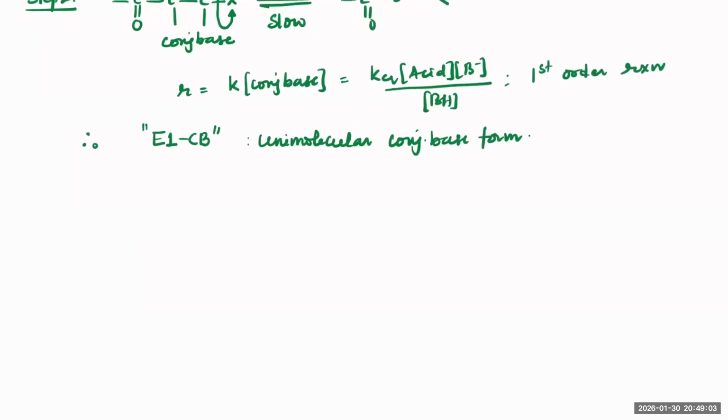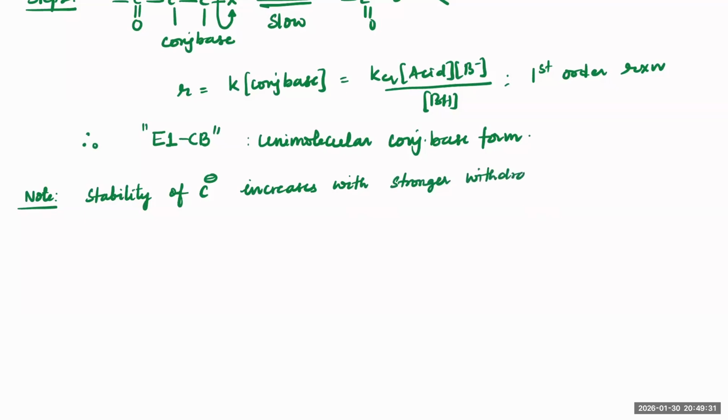So you can say as a note, stability of carbanion increases with more withdrawing or stronger withdrawing groups at gamma position.